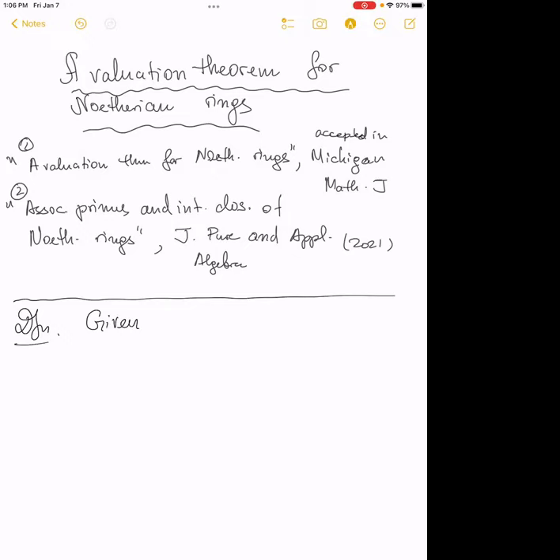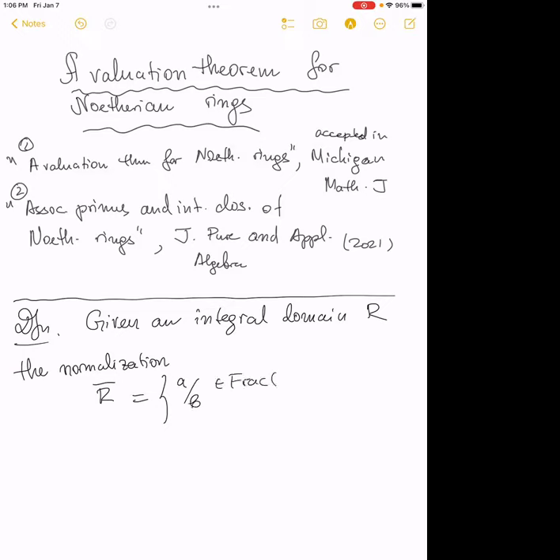Given an integral domain R, the normalization or the integral closure of R in its field of fractions is denoted by R bar, and it consists of all fractions that satisfy an algebraic equation of this form.